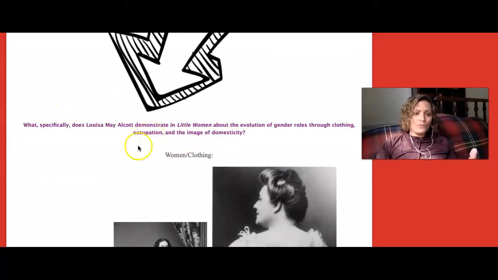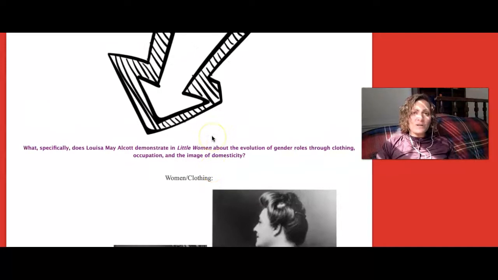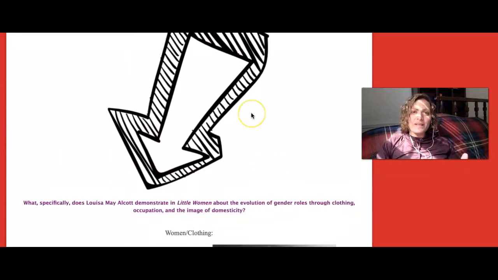it leads to this, here's a question. What specifically does Louisa May Alcott demonstrate about the evolution of gender roles through this? If you're going to have a question like that, what you should have here is a video of yourself asking that question.